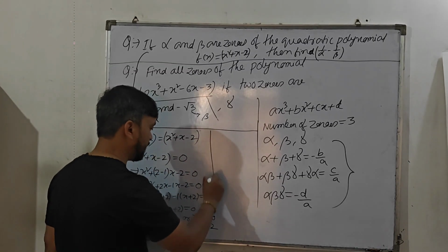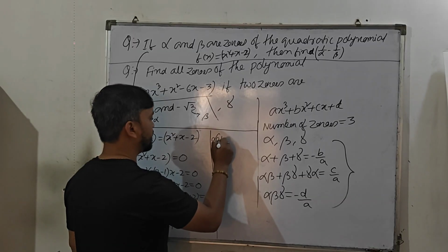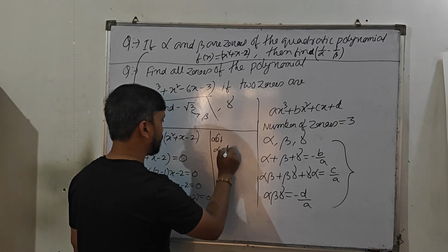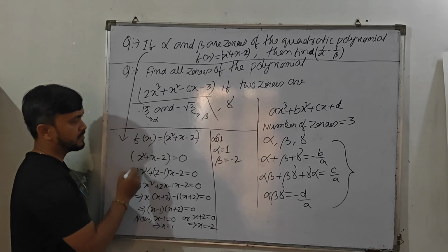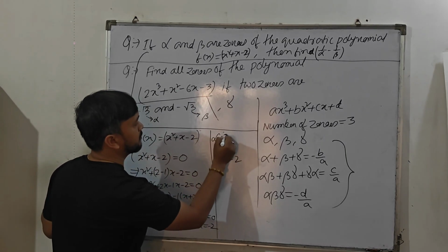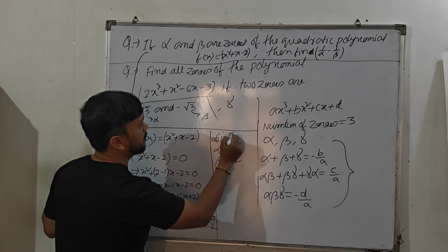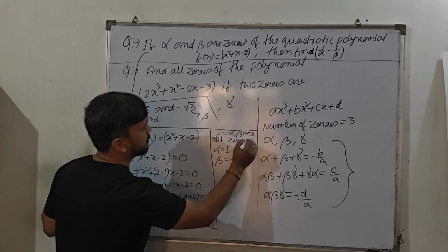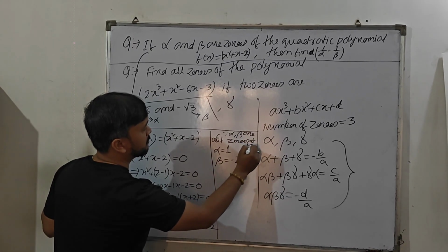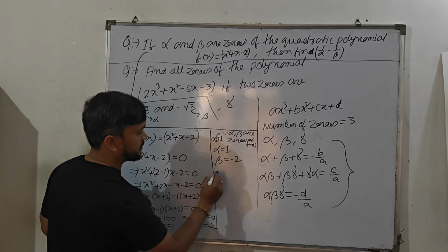Let alpha is equal to 1 and beta is equal to minus 2, since alpha and beta are the zeros of f(x).